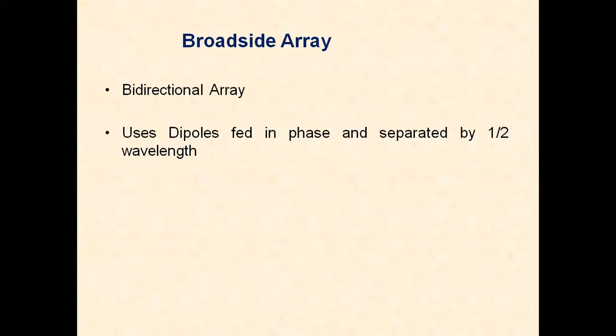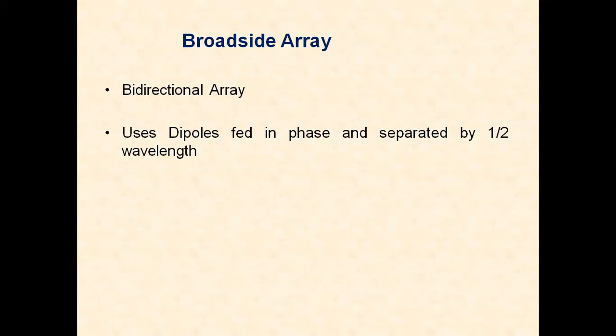By doing so, this arrangement fires in the broadside direction. So what is the broadside direction? It is perpendicular to the line of the array axis, where there is maximum radiation and relatively little radiation in other directions. So it produces maximum radiation perpendicular to the line of the array axis.